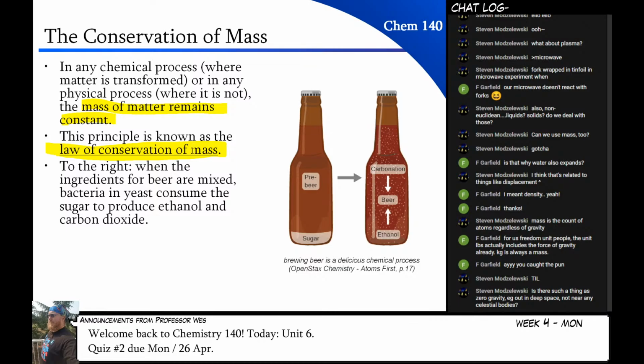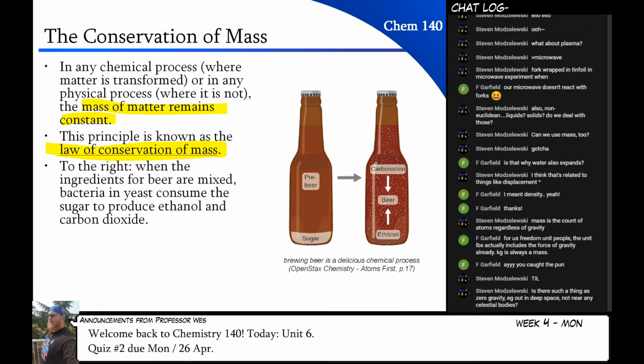All of that stuff undergoes a chemical reaction. You don't start with ethanol. You don't spike your own beer with ethanol in the beer making process. Although I'm sure that there is beer out there that is spiked with ethanol because that's like a shtick that they have or whatever. But if you weighed this bottle beforehand, I have the wrong pen selected.